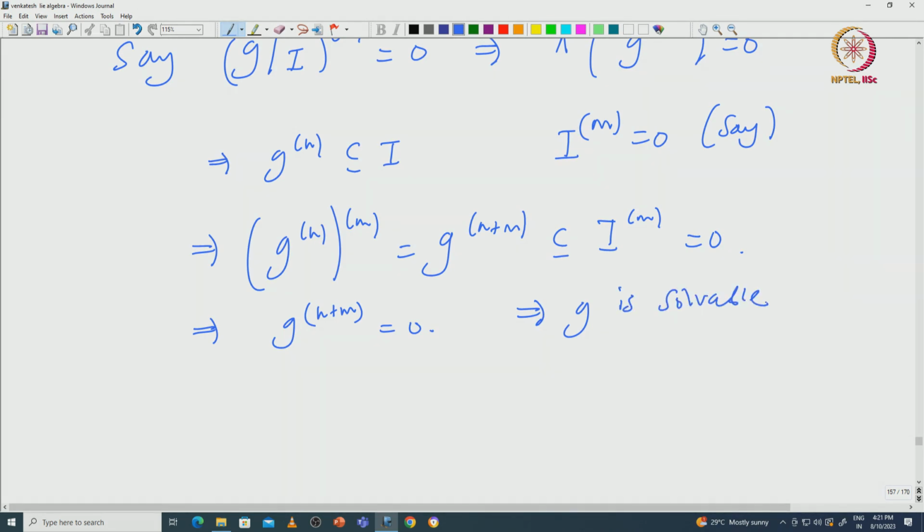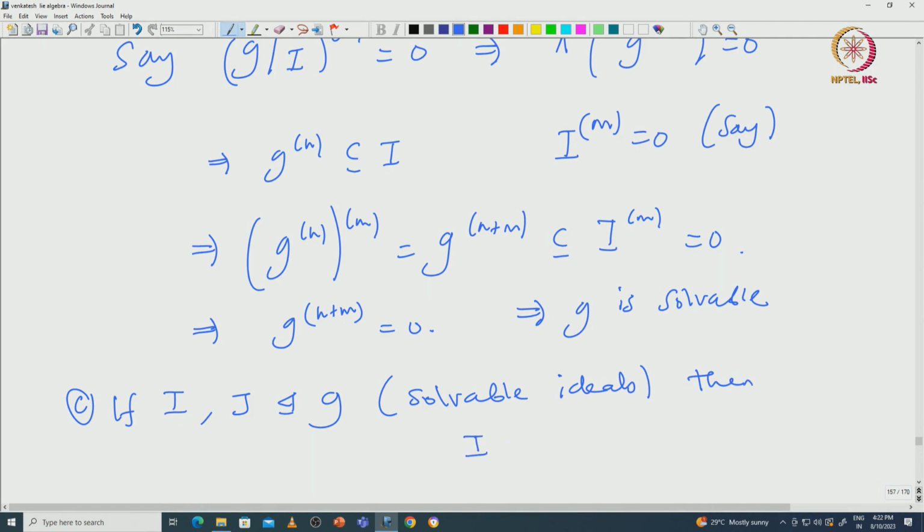Okay. So, now we will see the third statement that talks about two solvable ideals. Suppose I and J are ideals inside G. So, they are solvable ideals, let us say. Then what can we prove?